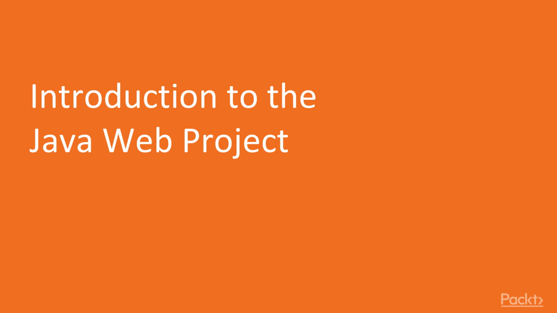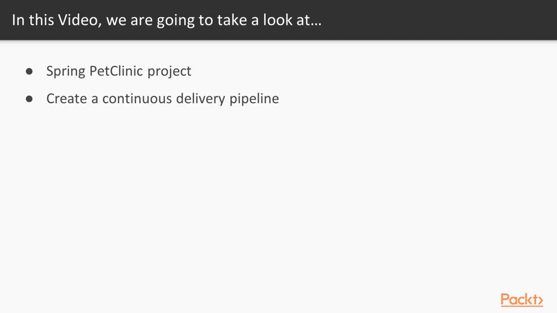This is the first video of this section, Introduction to the Java Web Project. In this video, we are going to see the Spring PetClinic project, and then we are going to create a continuous delivery pipeline.